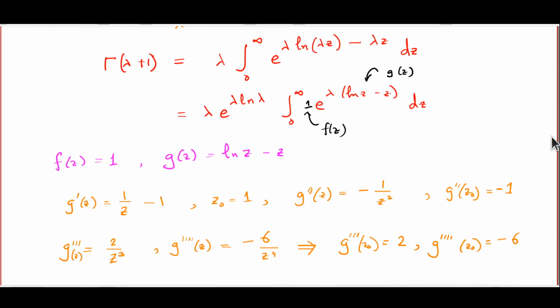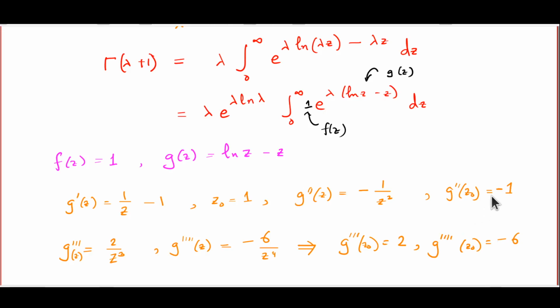The value of g prime of z immediately gives you z0, where the location of the peak is z0 equal to 1, but we knew that already. We knew that the original peak was at lambda, and now you have just taken x by lambda as the variable z, so its peak is of course going to be at 1. You need the second derivative g double prime of z at z0, and that comes out to be minus 1, as it should be.